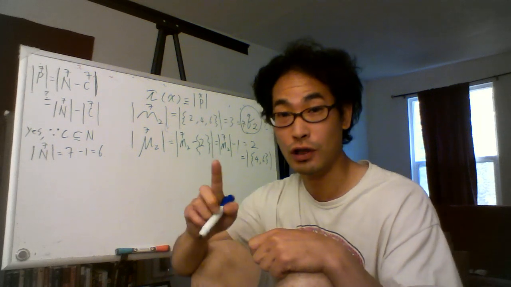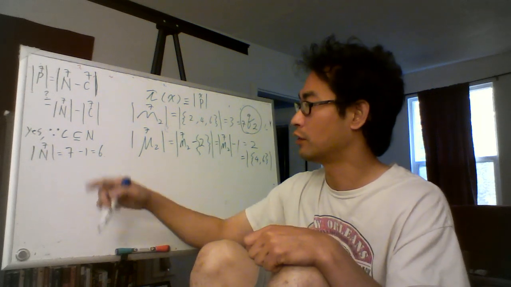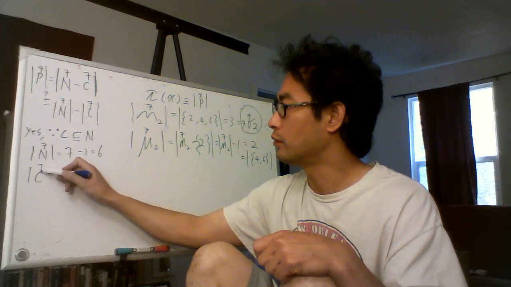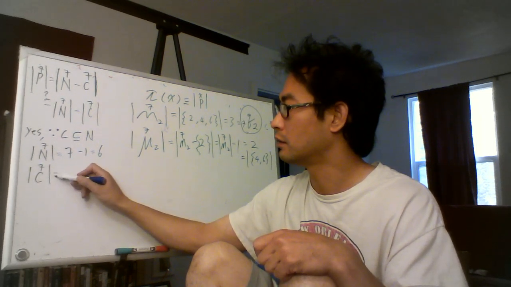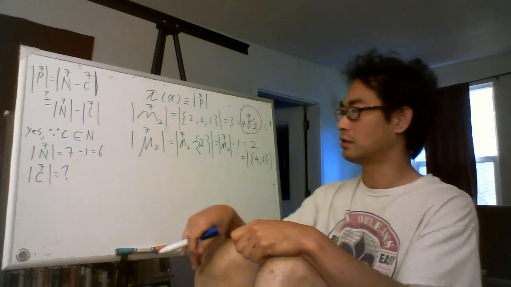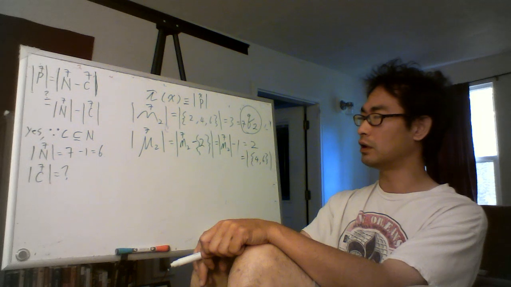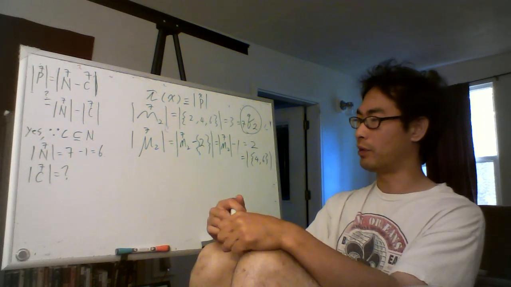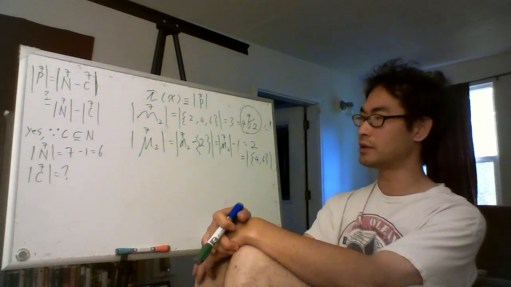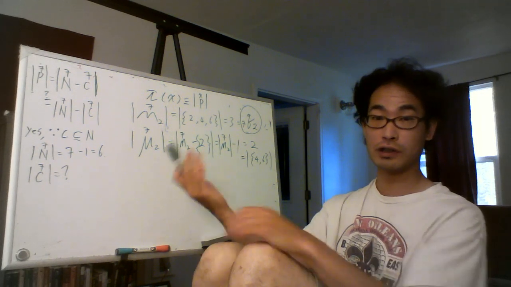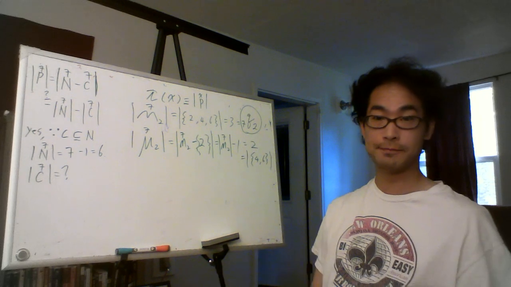We exclude 1, so that's why we subtract 1. Okay, now how about the absolute value of C top 7? What is the number of members of all the composite numbers under 7? Under 7 means 7 or less.